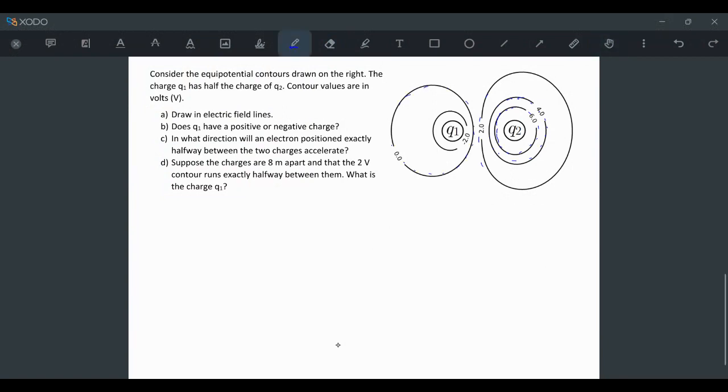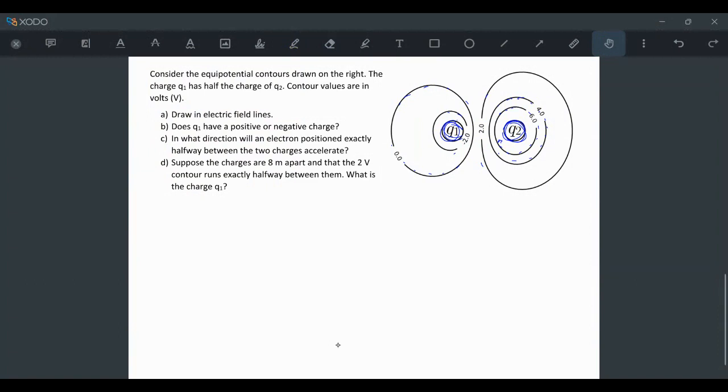If this is sea level, perhaps, using this geography analogy, then we've gone to -2. So clearly this is a region of high potential right here at this point charge, and this is a region of low potential. If you construct this model in your head, you can think that if there's a positive charge, it will run from high to low. If there's a negative charge, it will run from low to high. Those are things you should be thinking of, and hopefully it allows you to build up a model that you can understand.